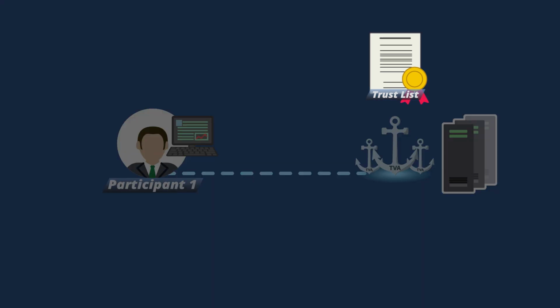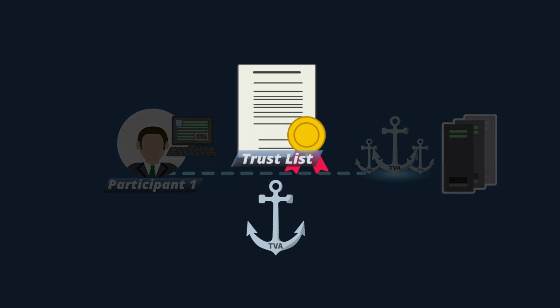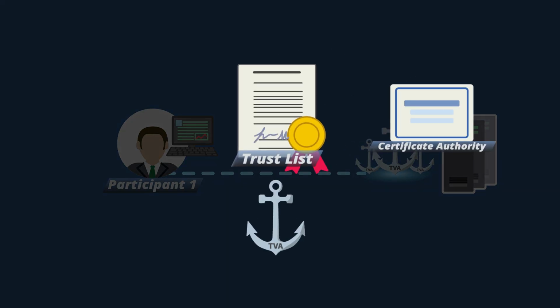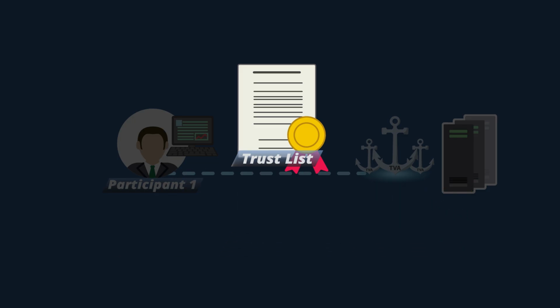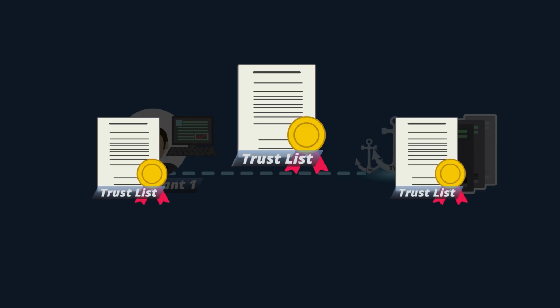The trust list is a digital file hosted and signed by the trust validation anchor. It contains a curated list of trust root certificates representing the Civil Aviation Authorities, or CAAs. There is only one TGA-approved trust list in a TFI, but there can be multiple copies of it hosted and signed by each TVA.